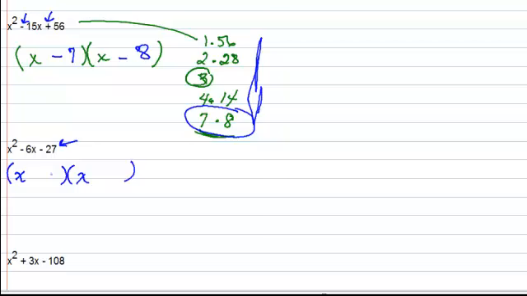Now, we know 9 times 3 and 9 minus 3 is 6, and 9 times 3 is 27. The signs are different. Bigger product is negative, and there we go. Now let's do this last one on this page.